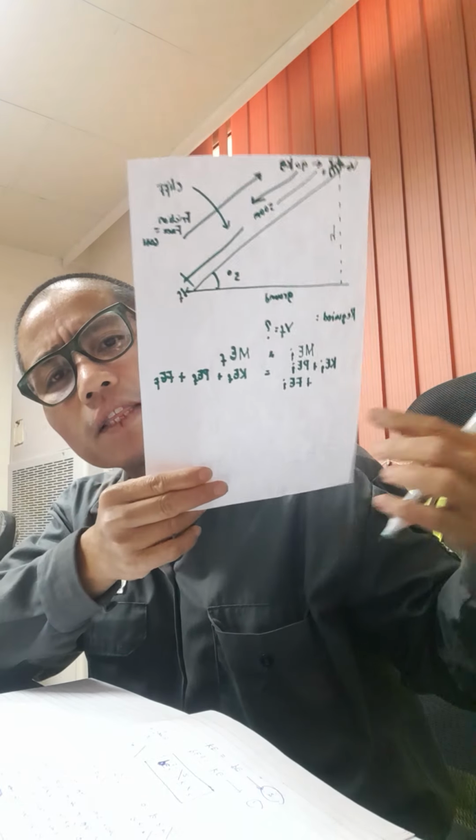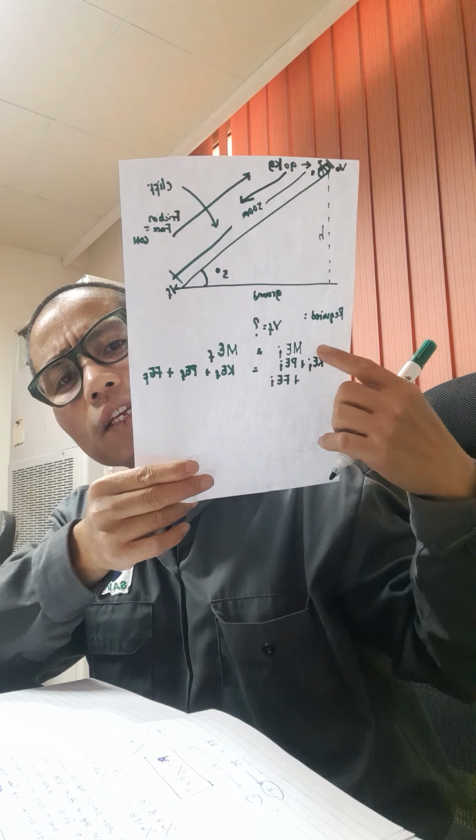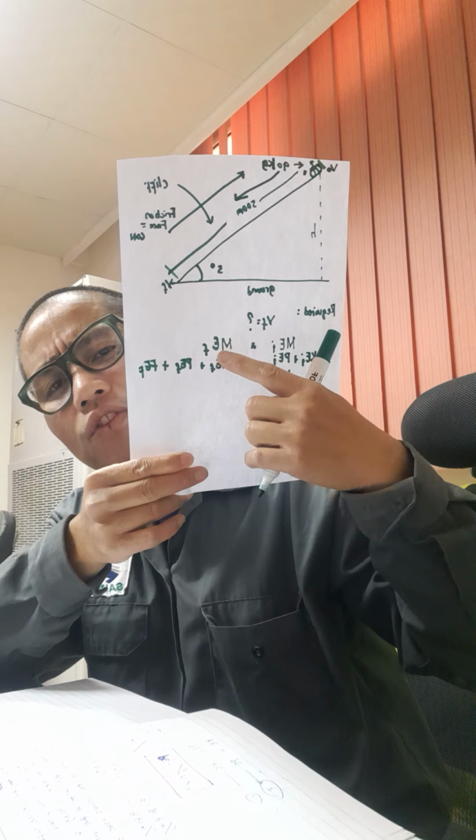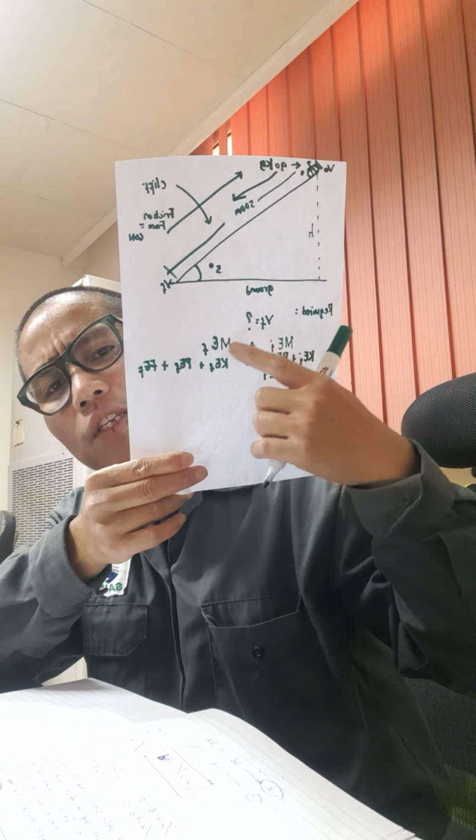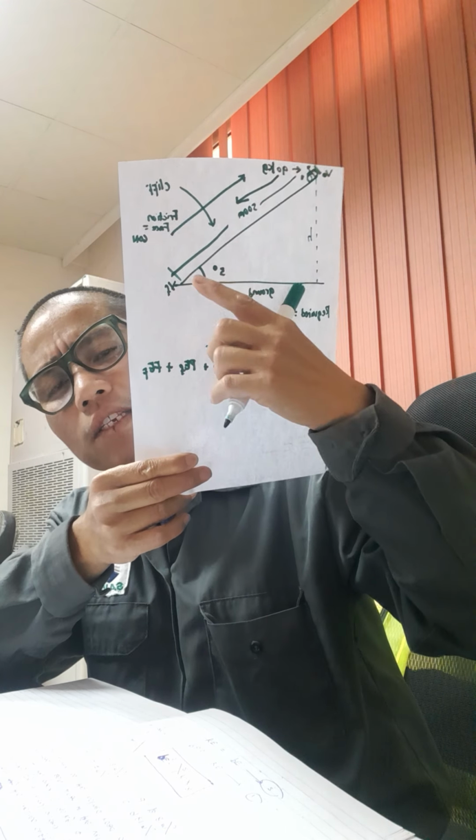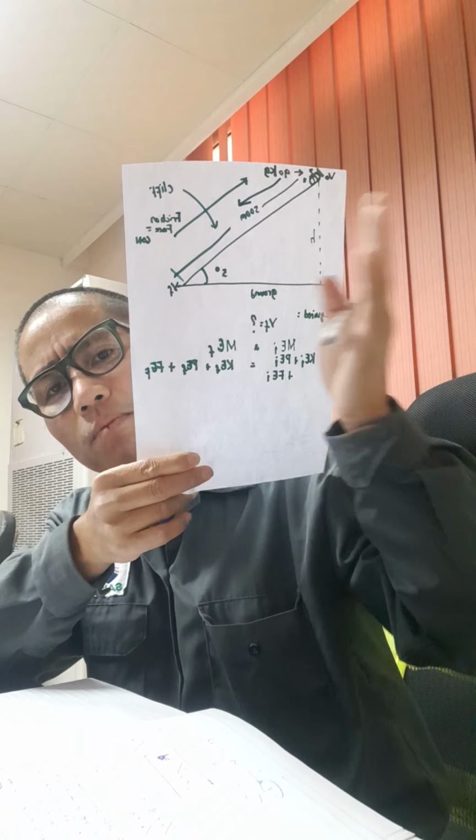So this is going to be like this. All the energies are acting on it in the initial stage and in the final stage, from the starting point to the destination point where this cyclist will stop.